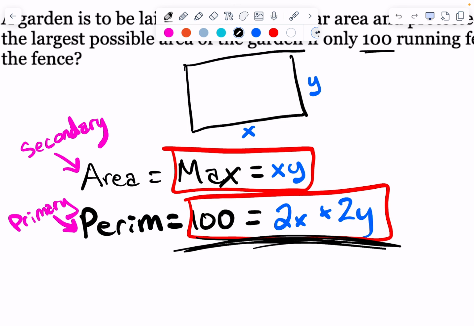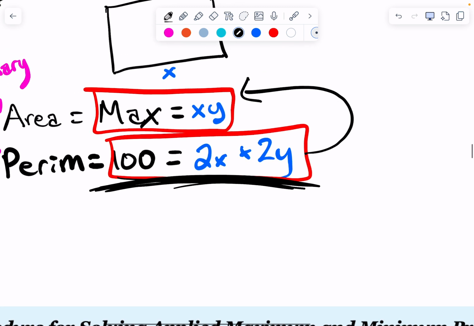So what we do is we solve for one variable in the primary equation and then I plug it into the secondary equation. We get to decide what variable you would like to solve for. You want to solve for x? Okay, so 2x equals 100 minus 2y. Can I get away with doing that? Then divide by 2, divide by 2, divide by 2.